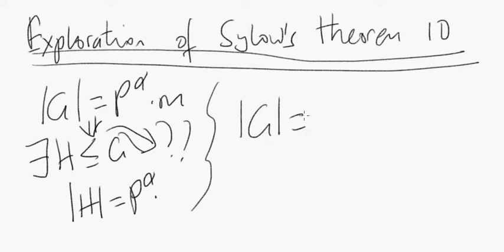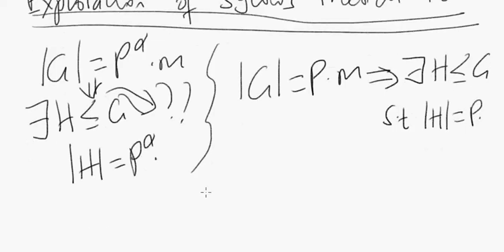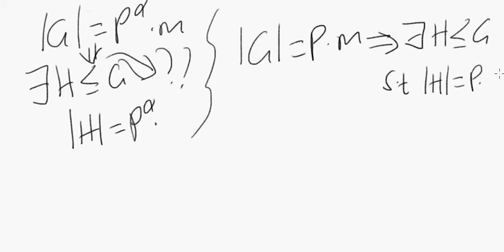suppose the order of G equals p times m, then there exists some subgroup H of G such that the order of H equals p. Didn't we establish this before? And now let's think about another special case.